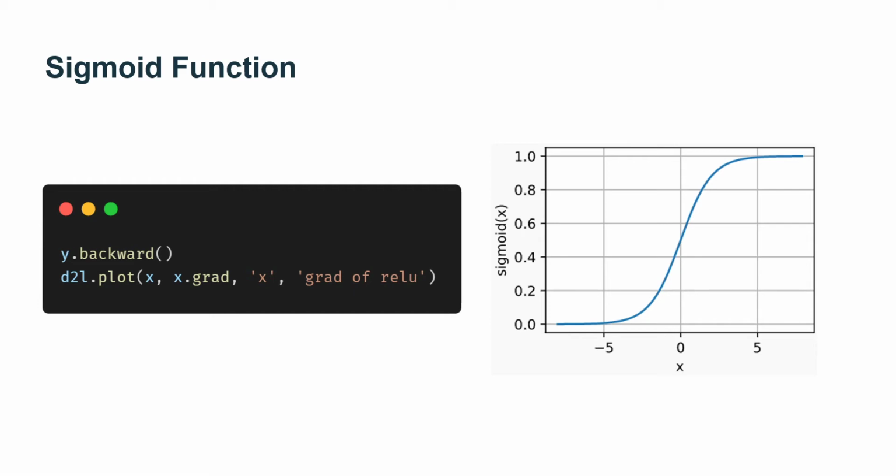Sigmoids are still common as activation functions on the output units. When we want to interpret the outputs as probabilities for binary classification problems, we can think of the sigmoid as a special case of the softmax.